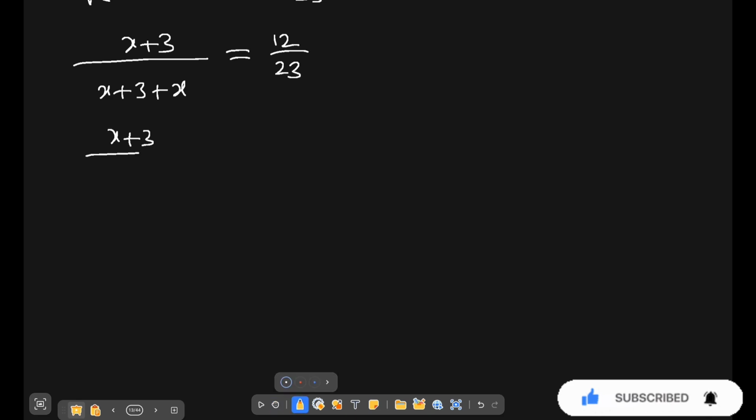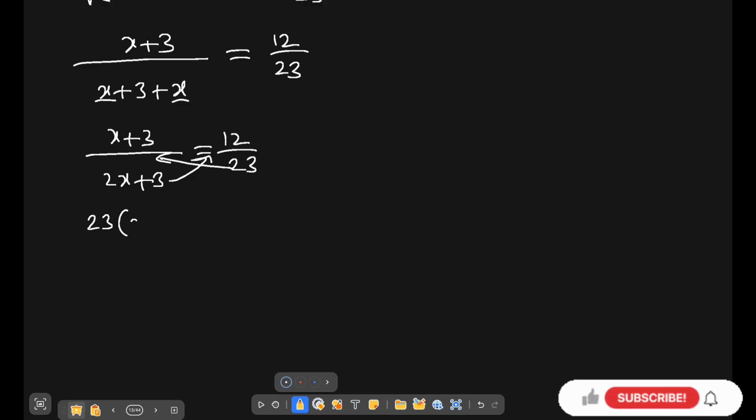Bring 23 to the left side and 2x plus 3 to the right side. Now it becomes 23 of x plus 3 is equal to 12 of 2x plus 3.